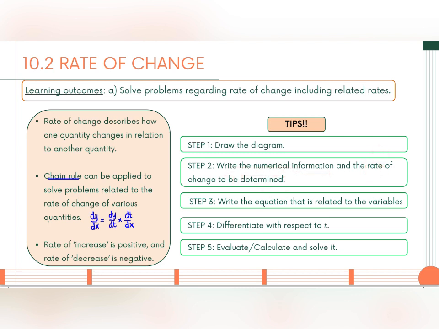For example, contoh dekat soalan tu dia bagi tahu volume, dia minta pula area. Kan? So kita tahulah kita nak gunakan info yang mana satu. Okay, and then after that we write the equation that is related to the variables, and then kita akan differentiate with respect to t, and last kali kita akan evaluate.